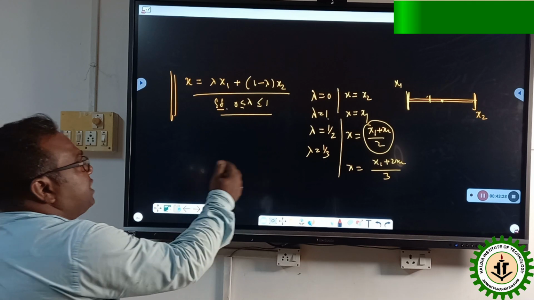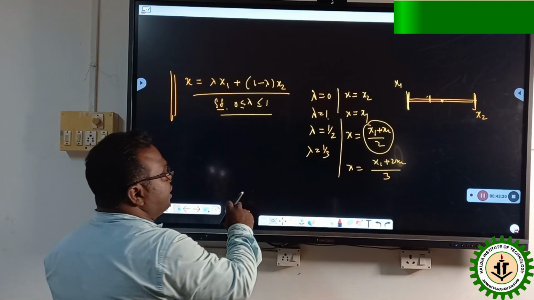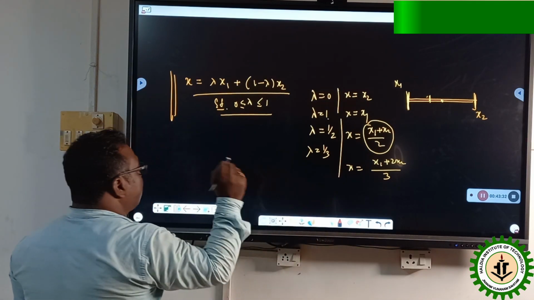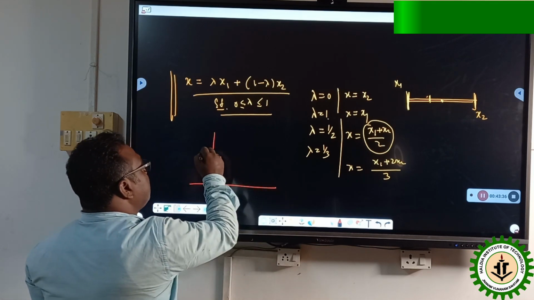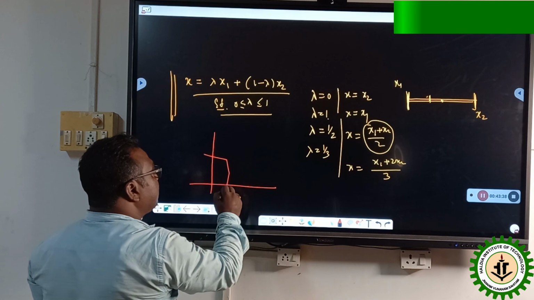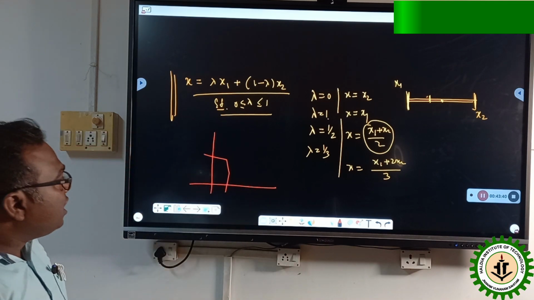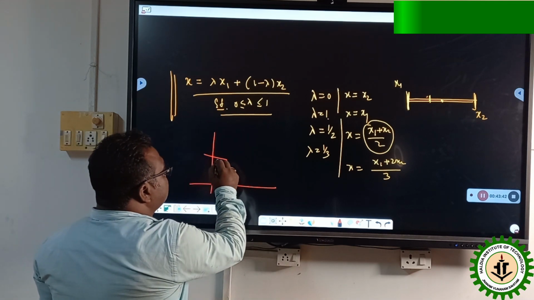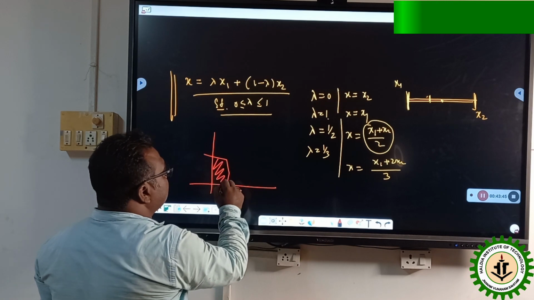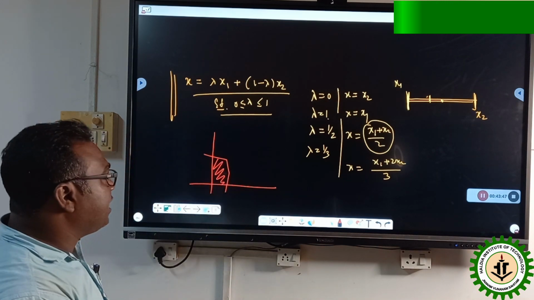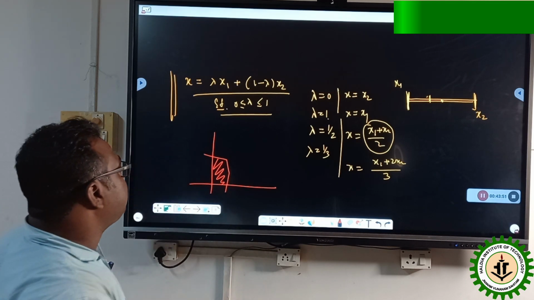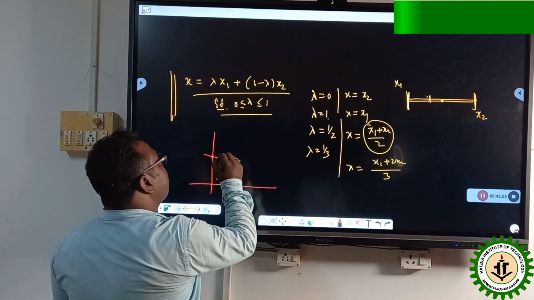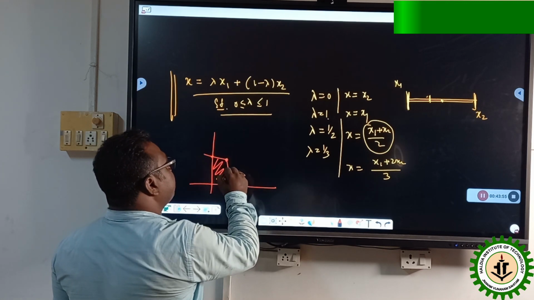So from this, in the graphical method, we got the common region in this way. Now, this common region is nothing but the convex region. In LPP, there is one result that the solution always exists at an extreme point of the common region.